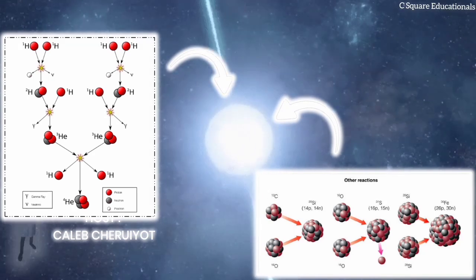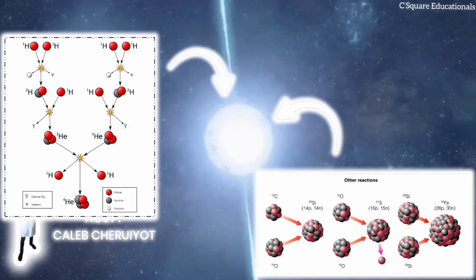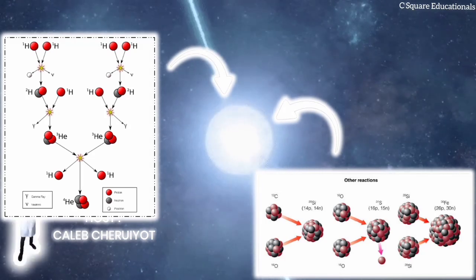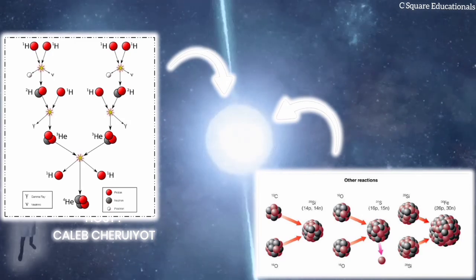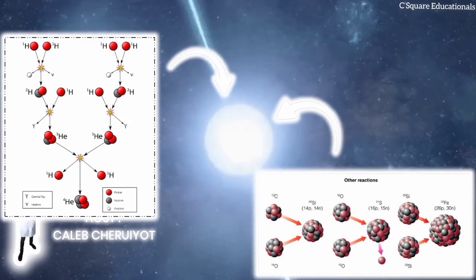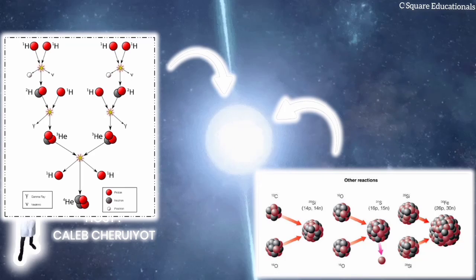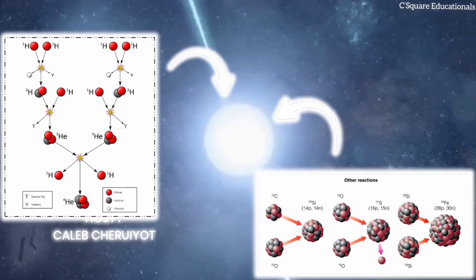When the fusion process halts, the radiation pressure diminishes rapidly, causing the star to lose its equilibrium. If the core mass exceeds about 1.4 solar masses, a catastrophic collapse ensues. The outer part of the core accelerates with velocities reaching up to 70,000 kilometers per second as it collapses inwards towards the star's center.